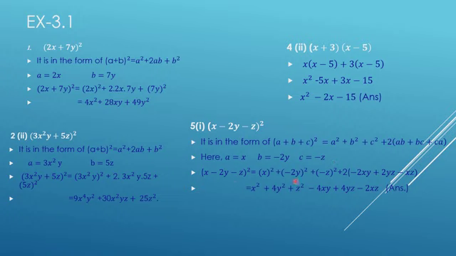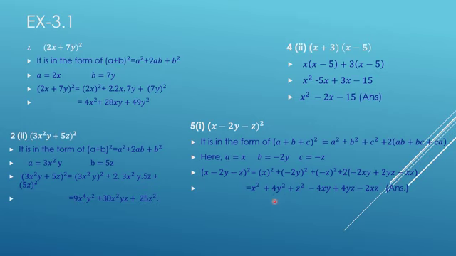So when you put this in the formula, you get a square plus b square plus c square plus 2 times this: minus 2xy, because the first term you see is ab. So ab is x into minus 2y, that is minus 2xy. Next you have bc, that is minus 2y and minus z. So minus and minus becomes plus 2yz, and ac or ca, that is x into minus z, is minus xz. So when you solve it, you get an answer like this.